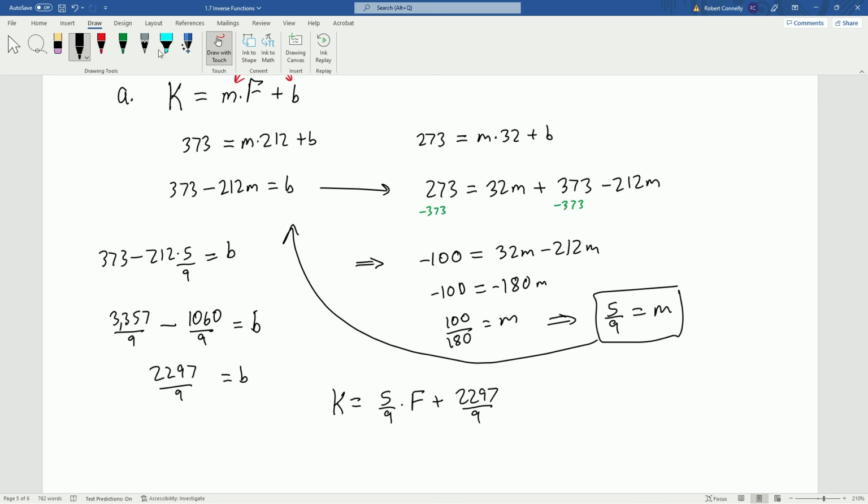Now, in general, this number is approximately 255.2. So you might typically use just 255 because it's close enough for most conversions. But I'm going to go ahead and keep this exact.